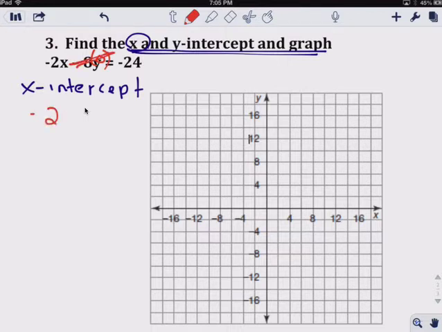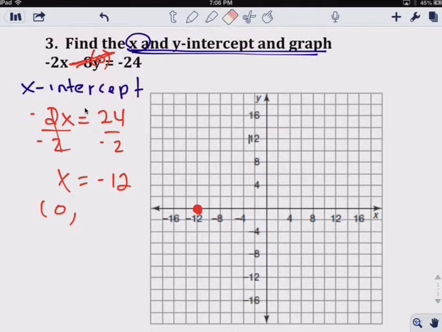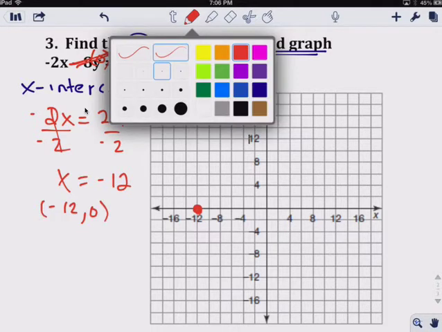So you will need 3x, 2x equals 24. Divide by negative 2, divide by negative 2. X is equal to negative 12. The x-intercept is at negative 12, which is right here, or negative 12, 0. Basically, that's the coordinate.